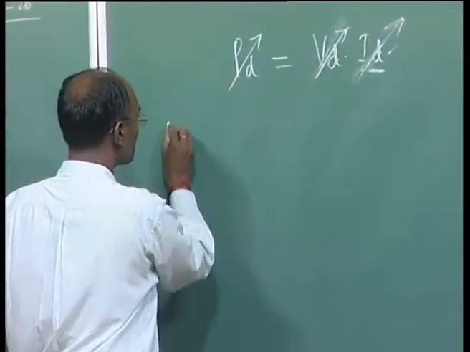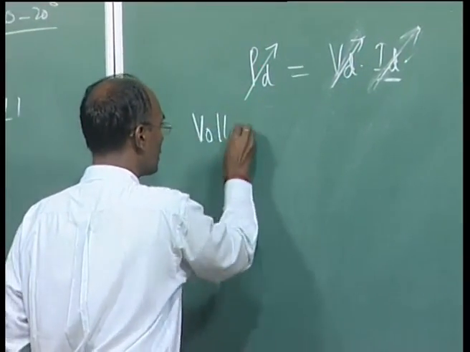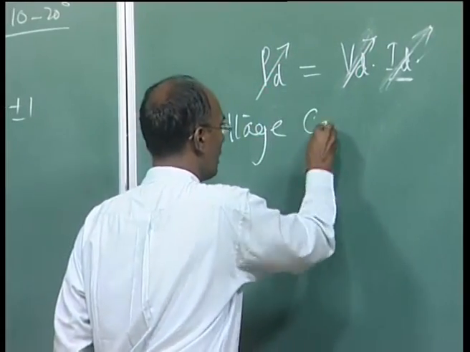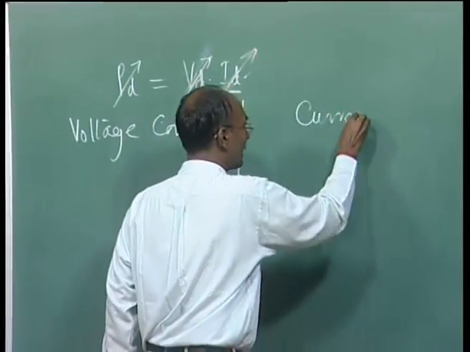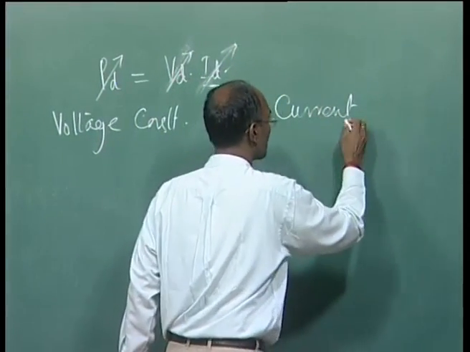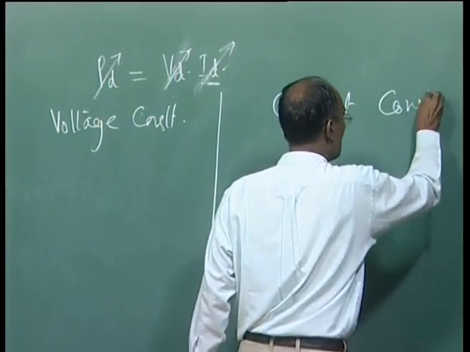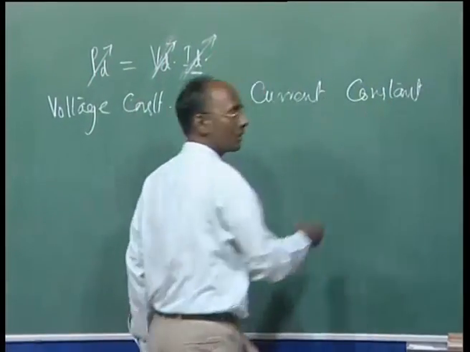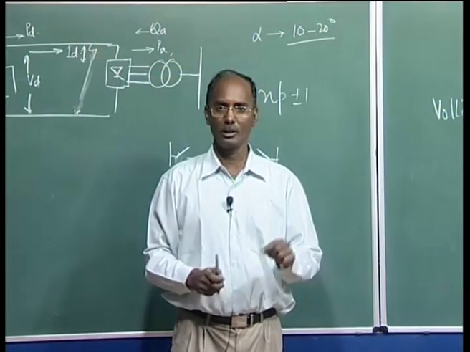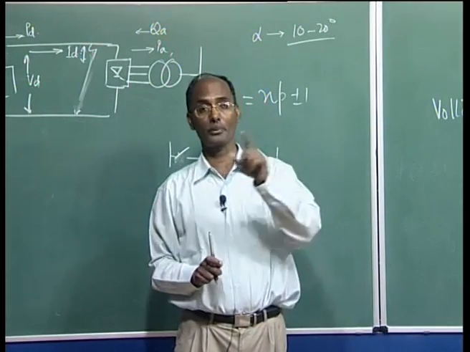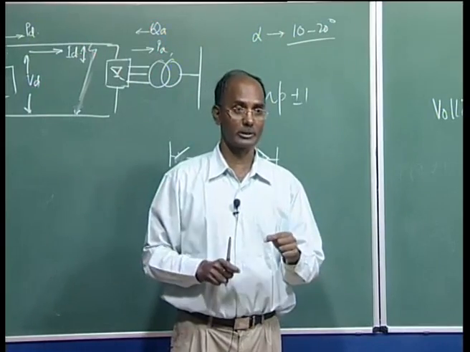So I am writing here voltage constant, and another is current constant. Let us analyze what the various options are. Normally in AC circuits, the voltage is always fixed because all the operators are operating at almost the same voltage.